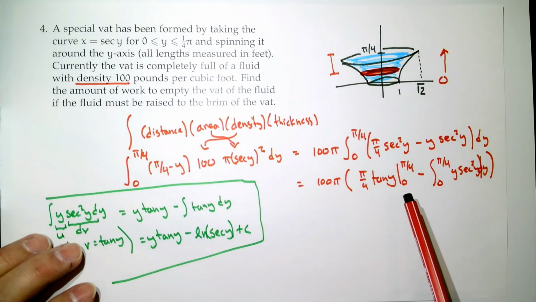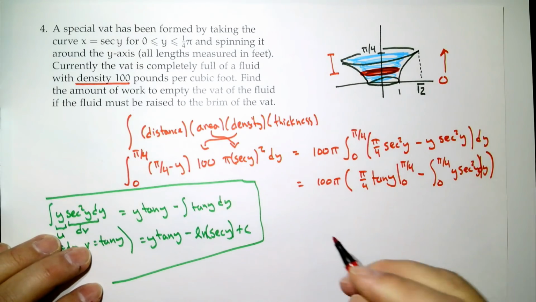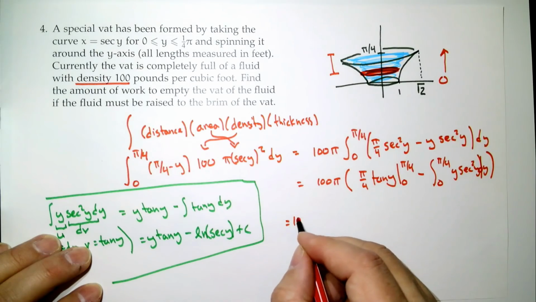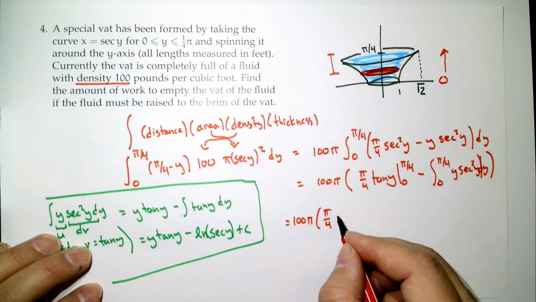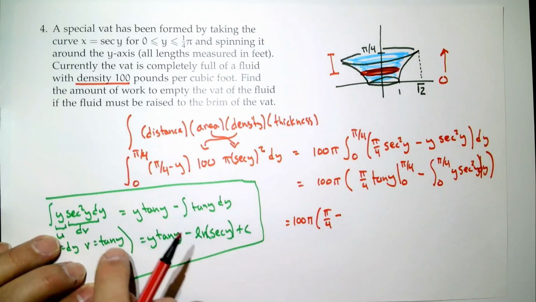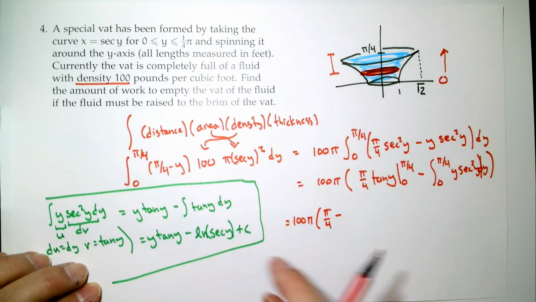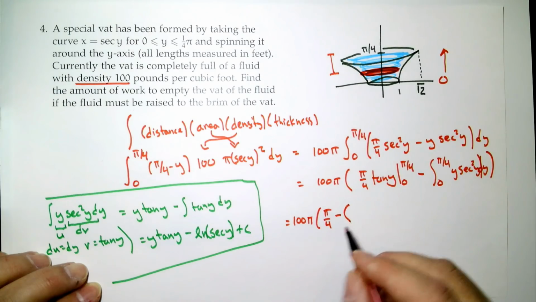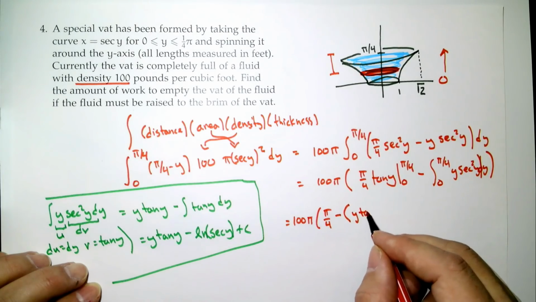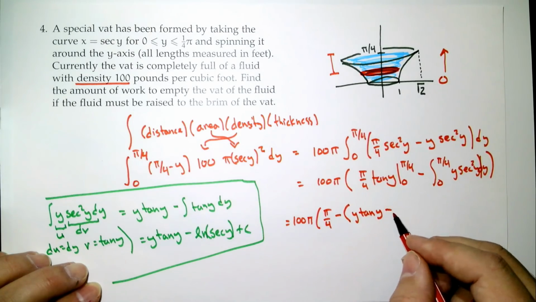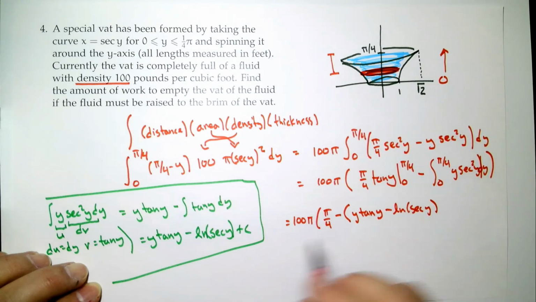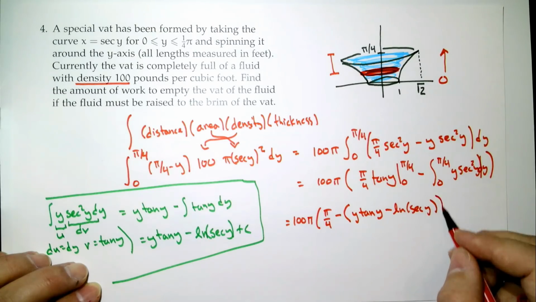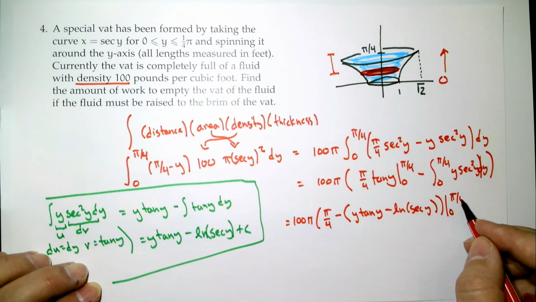Tangent of pi over 4 is 1. So, updating, 100 pi, and then we have pi over 4 minus, and now, you see, I have the antiderivative of y secant squared y, so minus y tangent of y minus log secant of y. I don't need to worry about the plus C, evaluated from 0 to pi over 4.